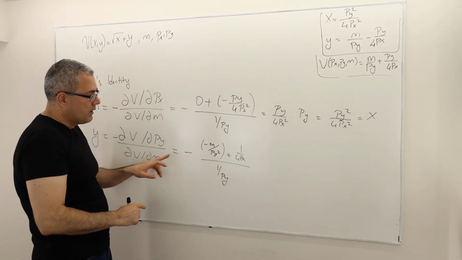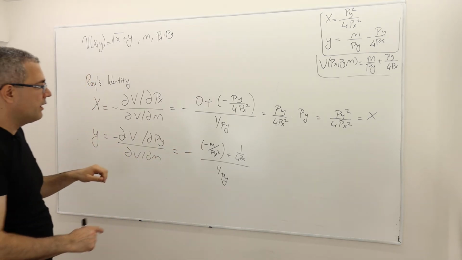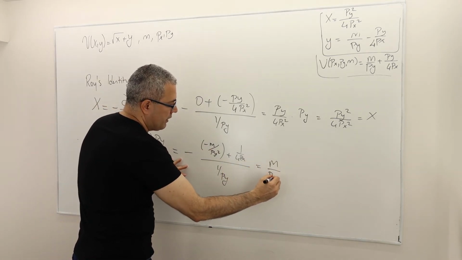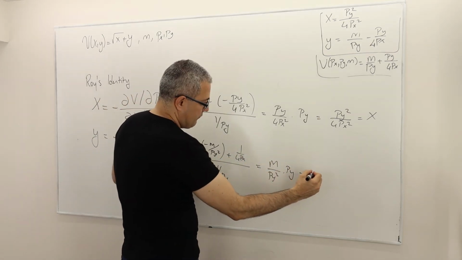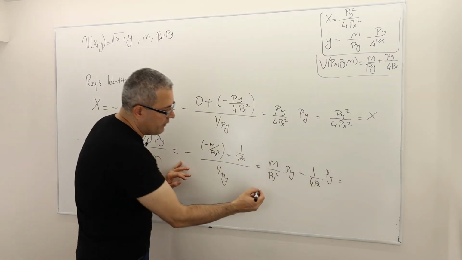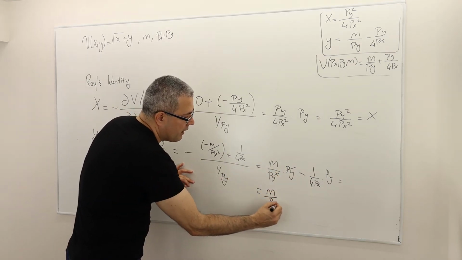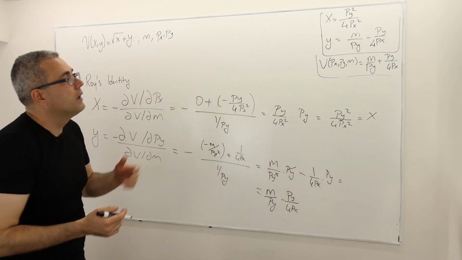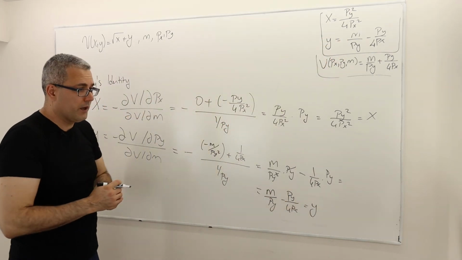All right, so here I have minus minus plus M divided by Py squared times Py, minus plus minus 1 over 4Px times Py. So if you simplify it, this Py and Py squared will cancel out. So it's M over Py minus Py divided by 4Px. Okay? Which is exactly what the Marshallian demand is for good y.